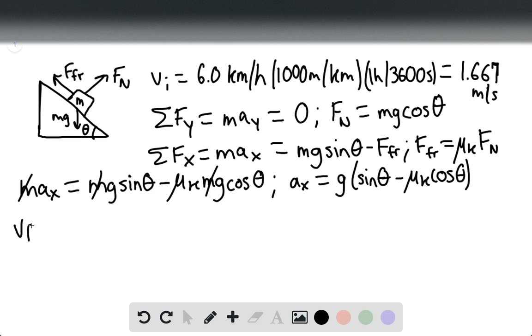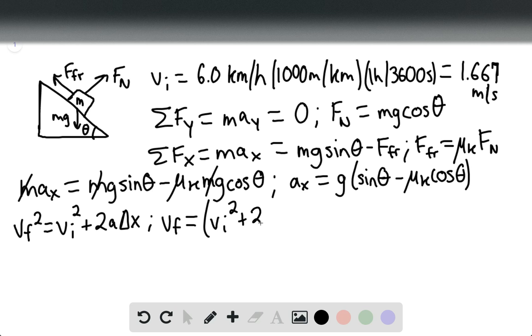So the final velocity squared is going to be equal to the initial velocity squared plus 2a delta x. The initial velocity we know is 1.667 meters per second. So we can simply say that the final velocity equals the initial velocity squared plus 2a delta x, to the 1/2 power.